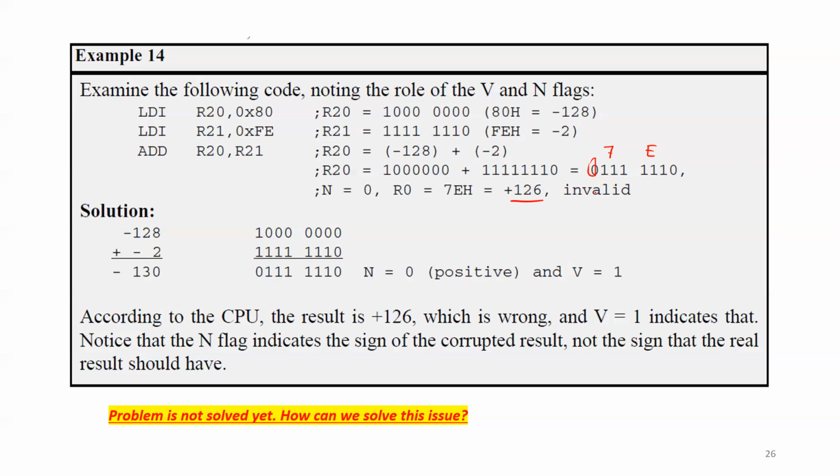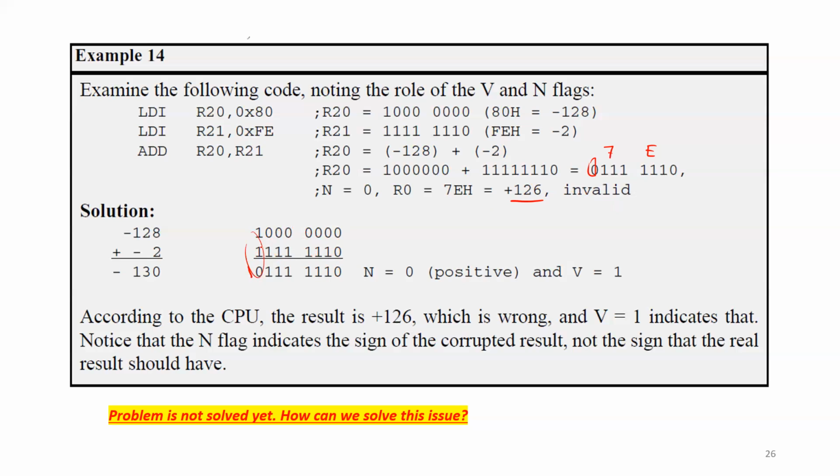And because when we add bit number 7, we have one overflow. Let's figure out where the overflow is in this addition. So 0, 1, 1, 1, 1, 1, 1, and 1 plus 1 equals 0, and we carry 1.